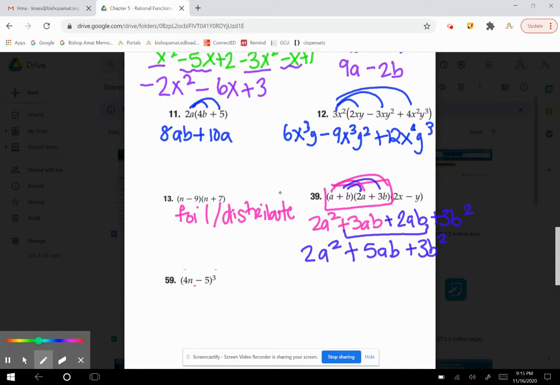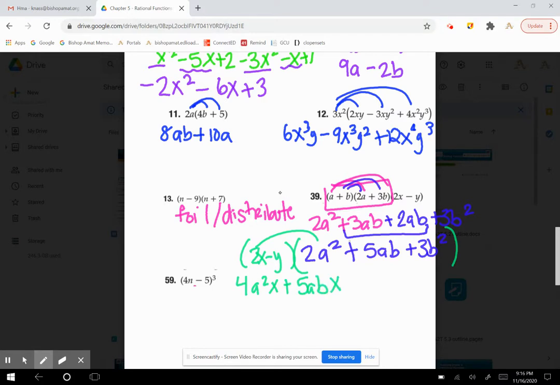Next, because this is commutative, I can write this 2x minus y up here in front and then distribute that. So 4a squared x plus 5abx, again I'm keeping them in alphabetical order, plus 3b squared x, I'm sorry, let me back up.